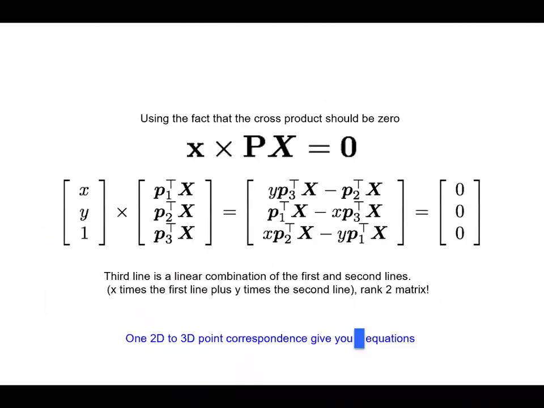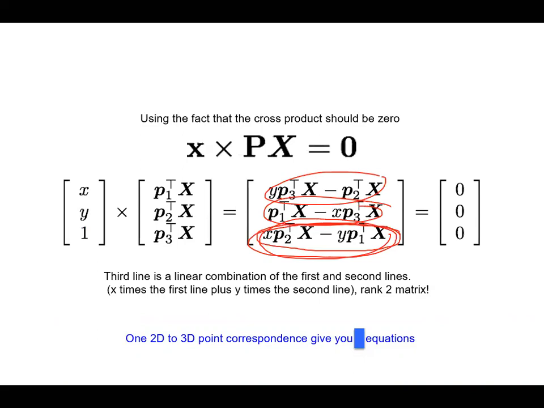There is a little trick here that I would like to highlight from linear algebra. This third row is a combination of the first row and the second row. What does that mean in linear algebra?